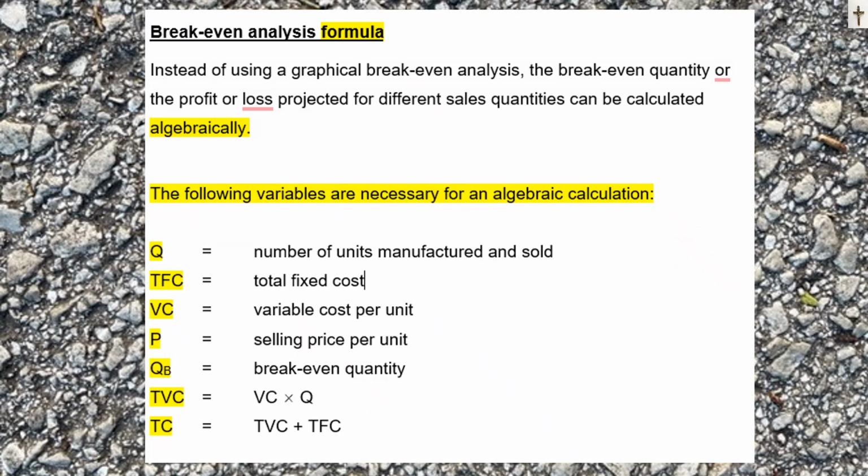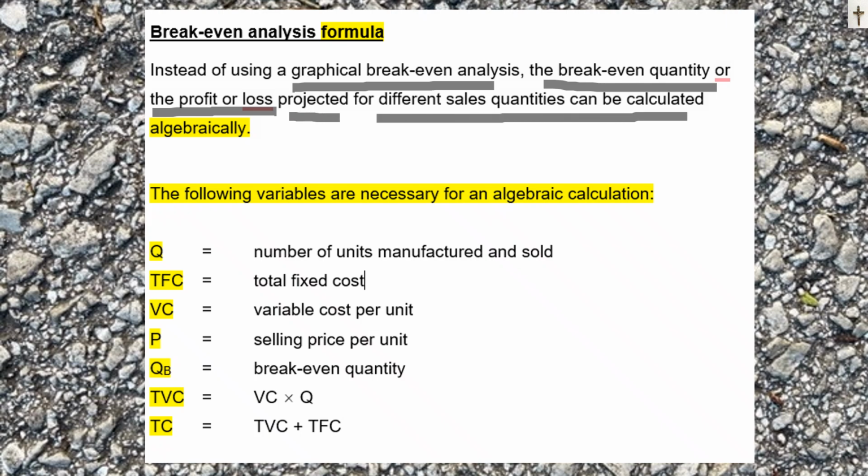So in the previous slide, we looked at a graph representing break-even analysis, but instead of using a graph, the break-even quantity or the profit or loss projected for different sales quantities can be calculated algebraically, using a formula.